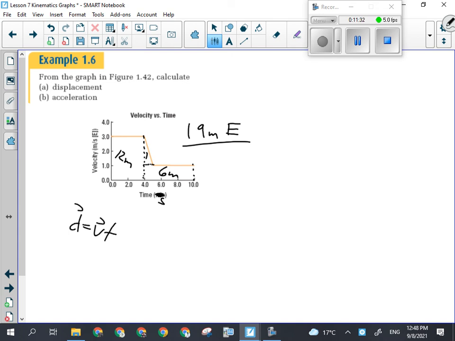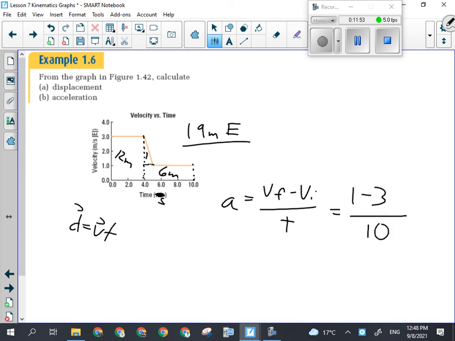All right, the second part of this question wanted to know the average acceleration over the whole trip. Well, we just used that formula on the last slide, VF minus VI over T. So VF is 1, VI is 3, and that takes 10 seconds.